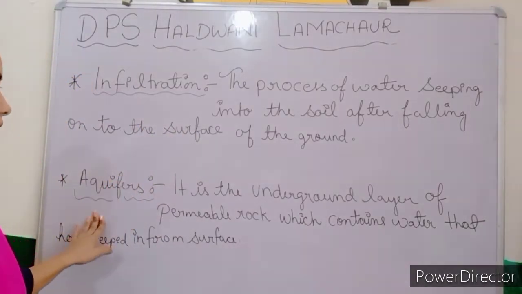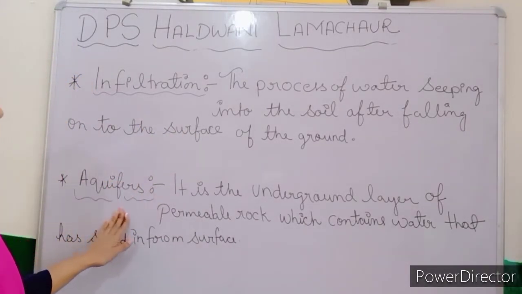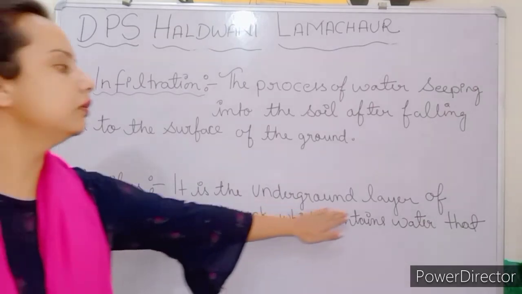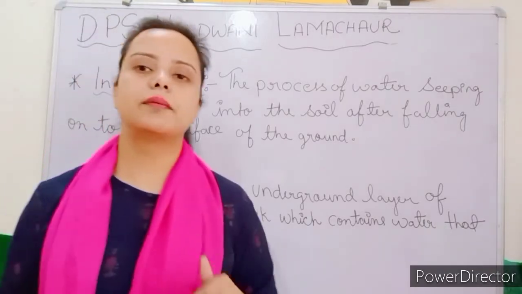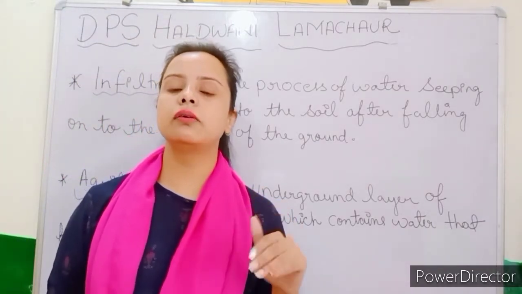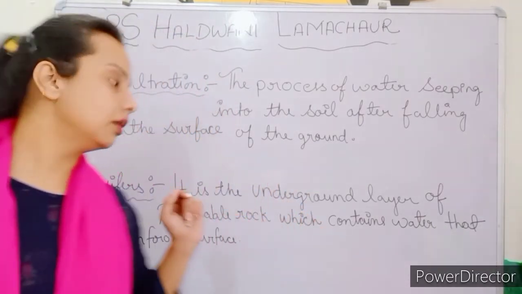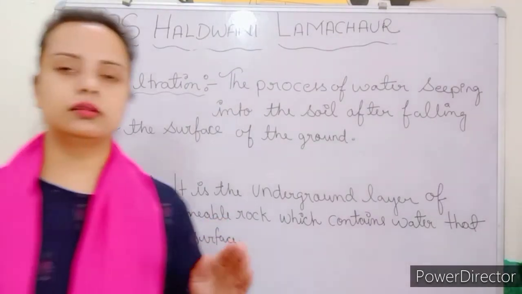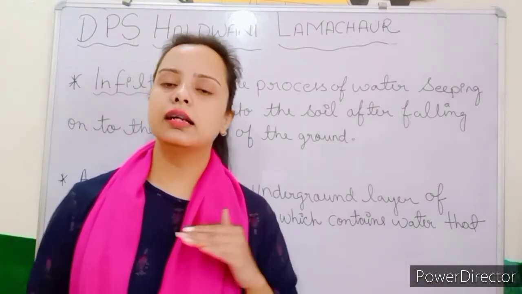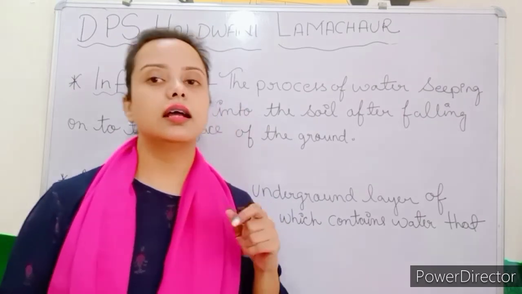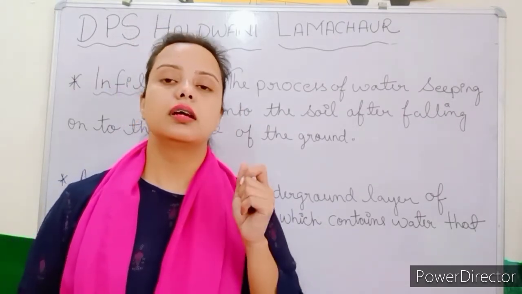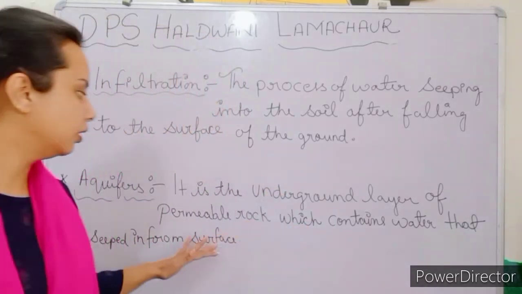Now the next one is aquifers. What are these? It is an underground layer of permeable rock. There are some levels of the ground, and this is one of those layers. In this layer rocks are present, and those rocks are permeable.